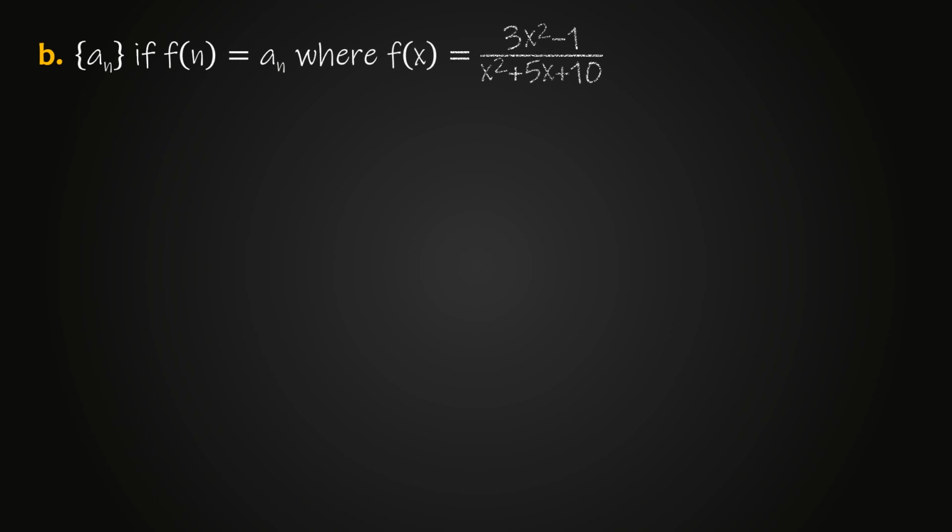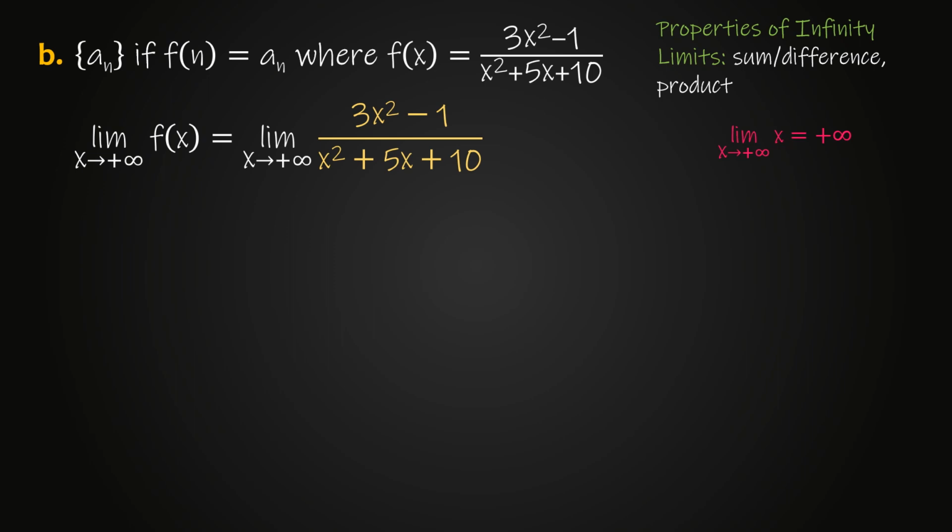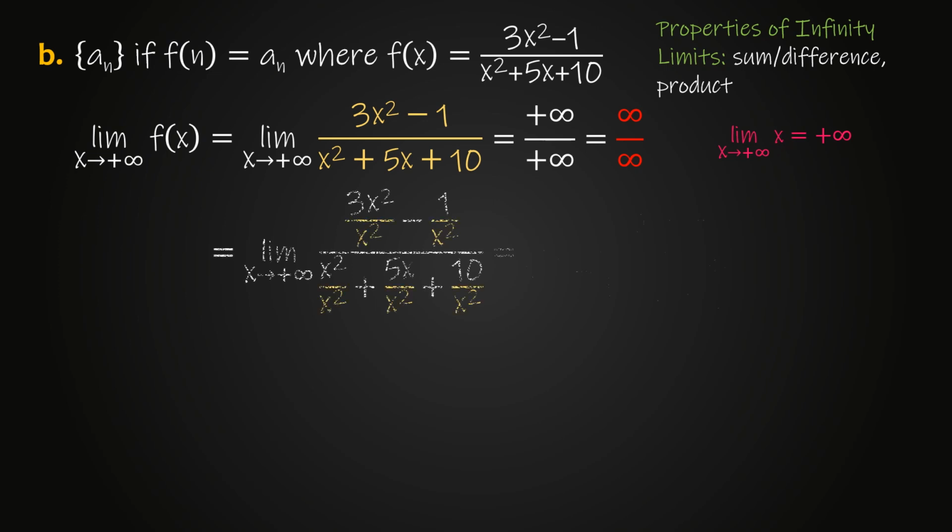B. The sequence of sample values of a rational function. First, find the limit of the given function. Use properties of infinite limits and a limit at infinity expression. Because the initial evaluation of the limit leads to infinity over infinity, rewrite the rational function by dividing the numerator and the denominator by the highest power of x.